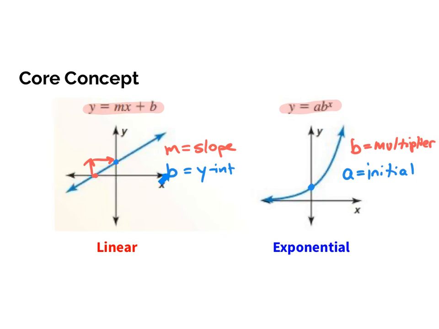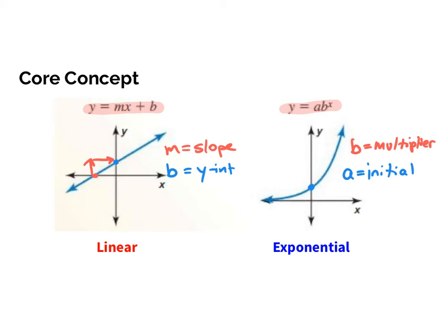In fact, the y-intercept in slope-intercept form is essentially the y-intercept in our exponential function. So we see some common themes here with that initial value or starting point for a linear or exponential function. And then we have the slope and that multiplier, which is going to represent how things are changing within our line or within our curve.